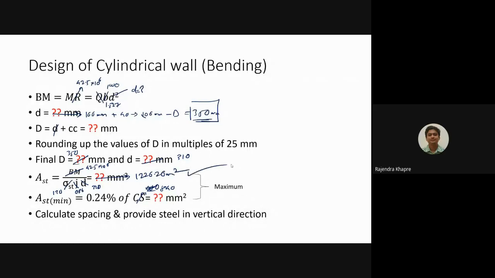So definitely we are going to use this, and this reinforcement has to be provided in the vertical fashion. How much will be the spacing for 16 mm dia bars? Also calculate the spacing for 12 mm dia bars.